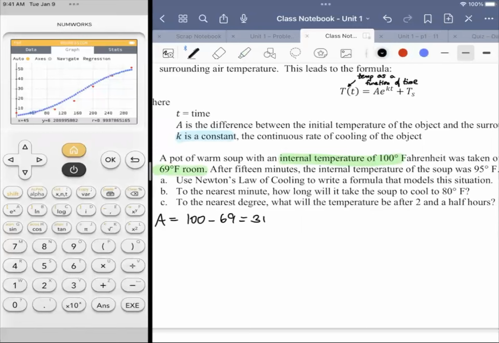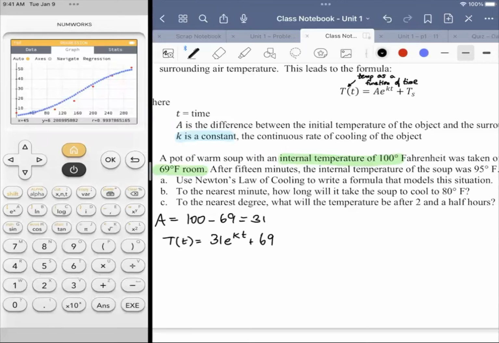So I could start building my formula. T of t is going to be equal to 31 e to the kt power plus the temperature of the surrounding medium, which they told us was 69. So if we could figure out the value of k, then we'll have enough information to answer the questions that follow.